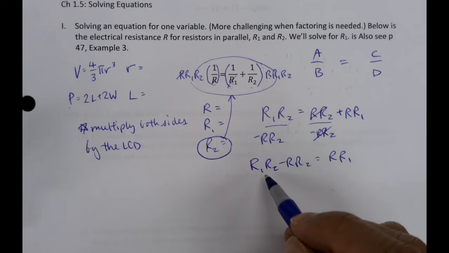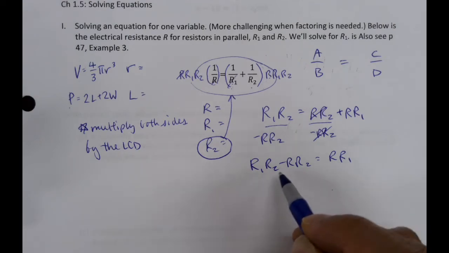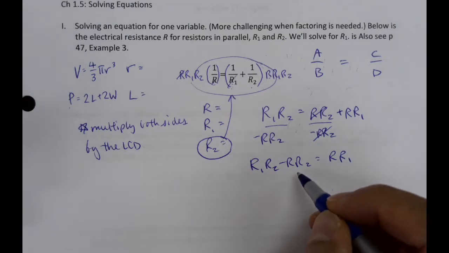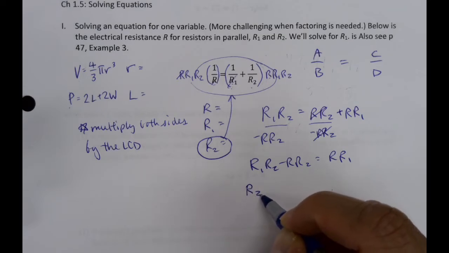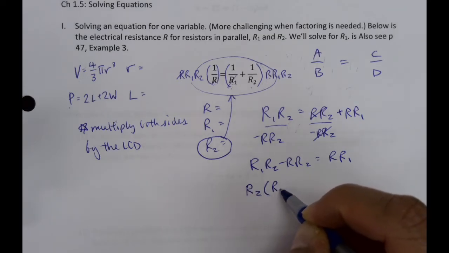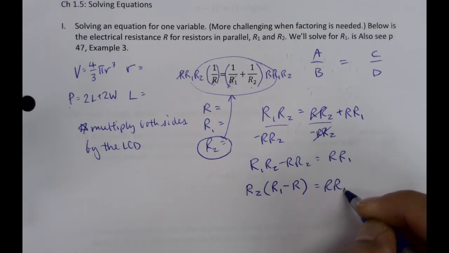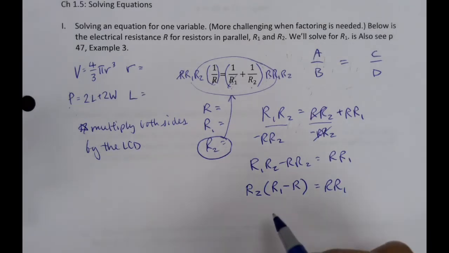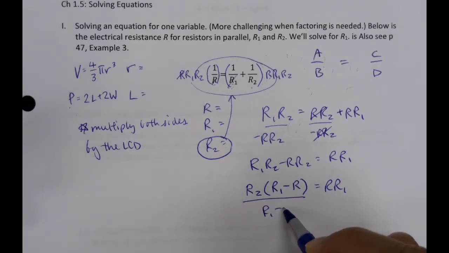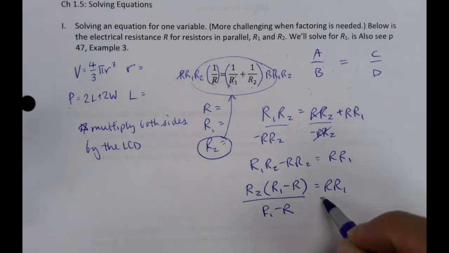And now I want to divide out everything that isn't r2. And to see that more clearly, let me factor out r2 from everything that isn't r2. All right, so there's my first term, and then there's my second term, and that's equal to r1 still. All right, now I can divide by r1 minus r.